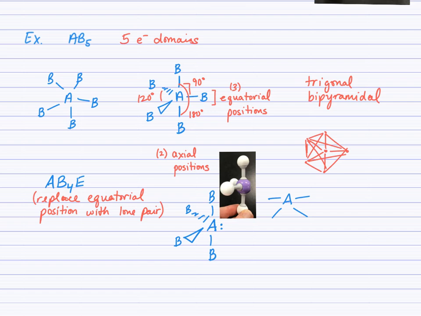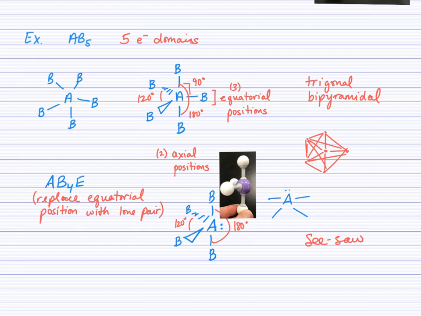If you were to push this back and forth, it would rock. It's quite a little bit hard to see the dimensions there, but it sets up the shape seesaw. So we still see the 120 here and the 180 between the axial positions.